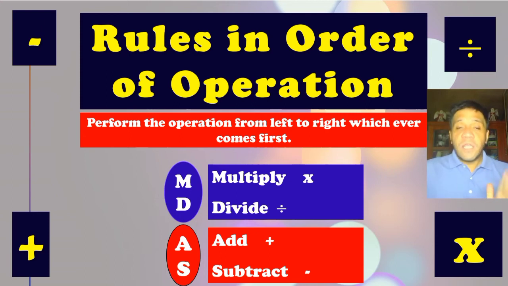In dealing with that kind of situation, the first thing we should do is look at the problem for multiplication or division. That would be the first thing that we should always operate. In multiplication and division, whichever comes first from left to right is the first thing we should operate.